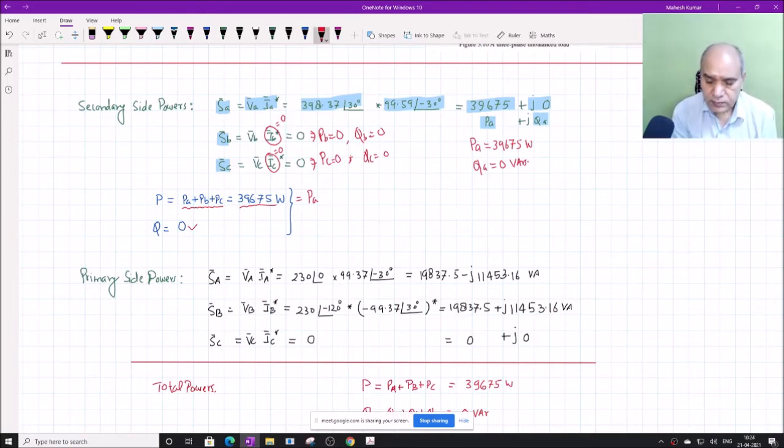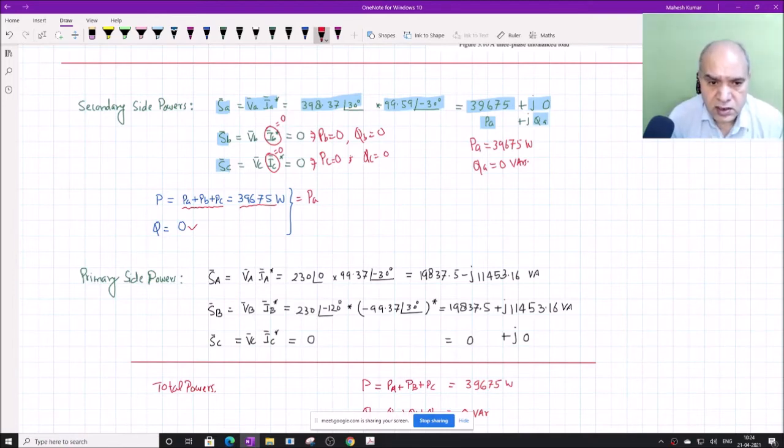Which looks fine because there is no reactive load, there is no capacitive or inductive load, and hence the net reactive power is equal to 0. Forget about the net reactive power, even the individual reactive powers are equal to 0.